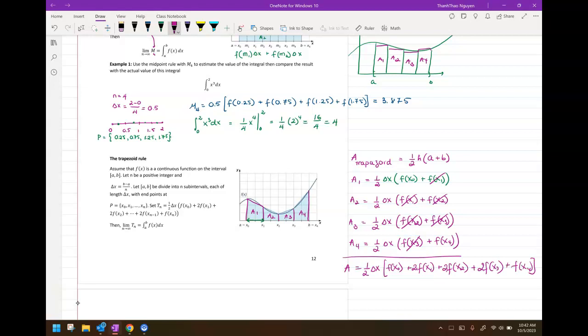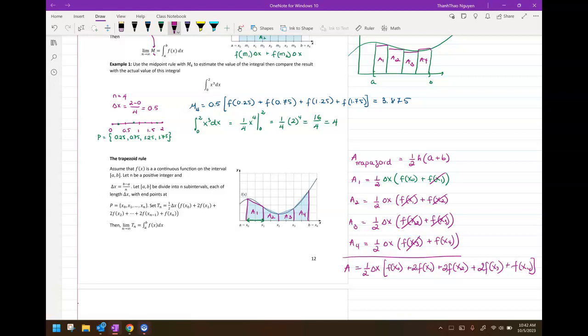If you have n intervals, then adding the area from a sub 1 to a sub n, T sub n equals 1/2 delta x times f of x0 plus 2f of x1 plus 2f of x2, so on and so forth, to plus 2f of x sub n minus 1 plus f of x sub n.